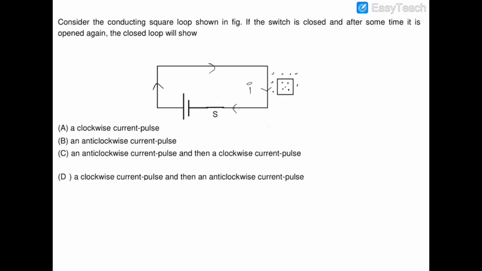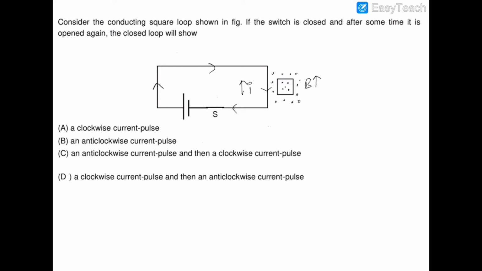We know that initially the switch was open, and as soon as we closed the switch, the current increases, and therefore this magnetic field increases. If the magnetic flux increases, then the induced current in the loop will tend to decrease this flux, and hence the induced current will produce its own magnetic field in the opposite direction.